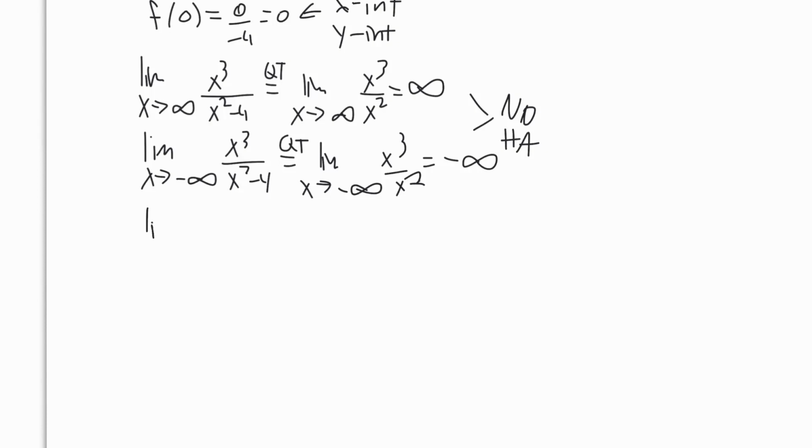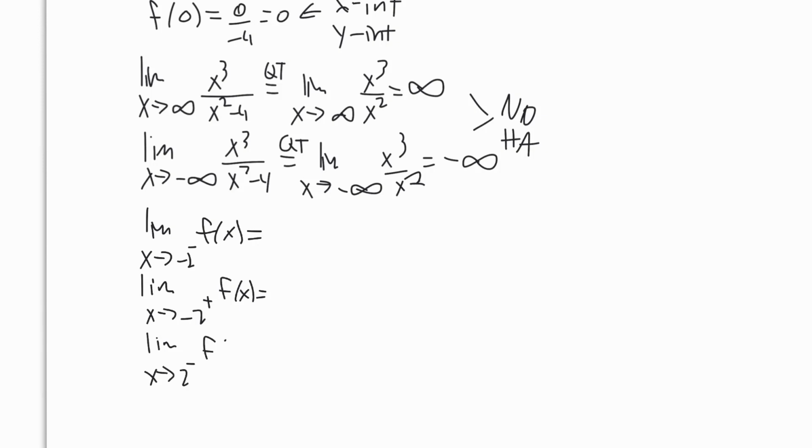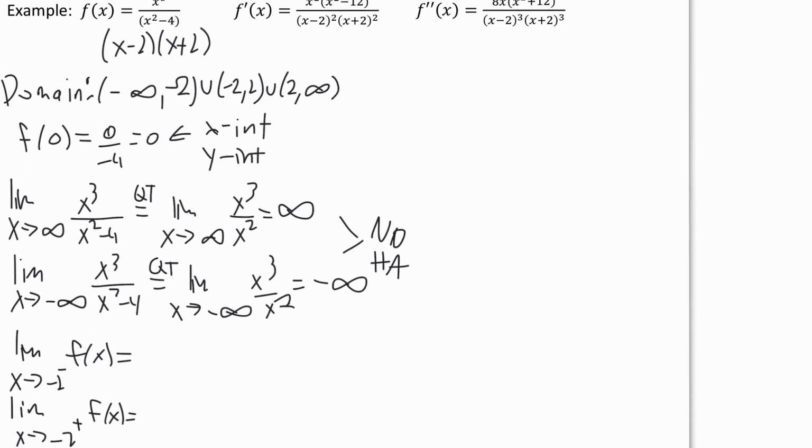So we would do the limit as x approaches negative 2 from the left of f(x), the limit as x approaches negative 2 from the right, the limit as x approaches 2 from the left, and the limit as x approaches 2 from the right. Now all of these limits have to come from the sign diagram, so we'll just pause here and head back on over to the sign diagrams.